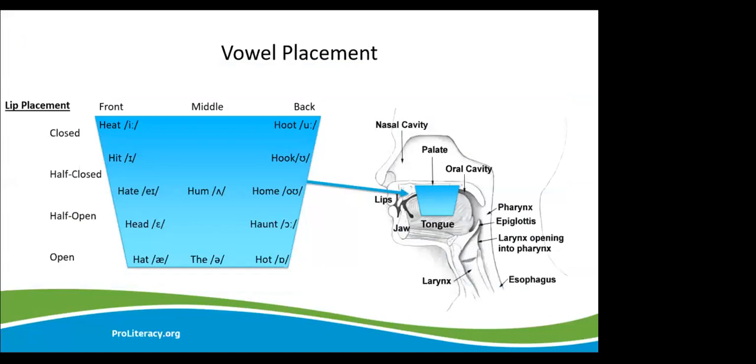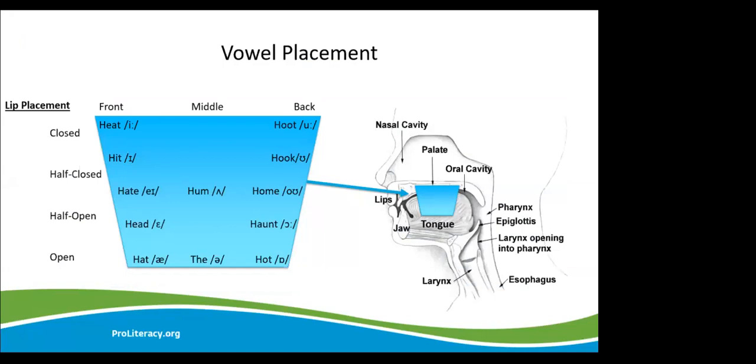But I want to look at this slide because what we're going to be looking at here is where the vowels are placed in your mouth, and then what you can do to help your student put those vowels where they need to be to get the pronunciation right. A lot of times lip placement is going to be one of the biggest influences on how you get to the sound.